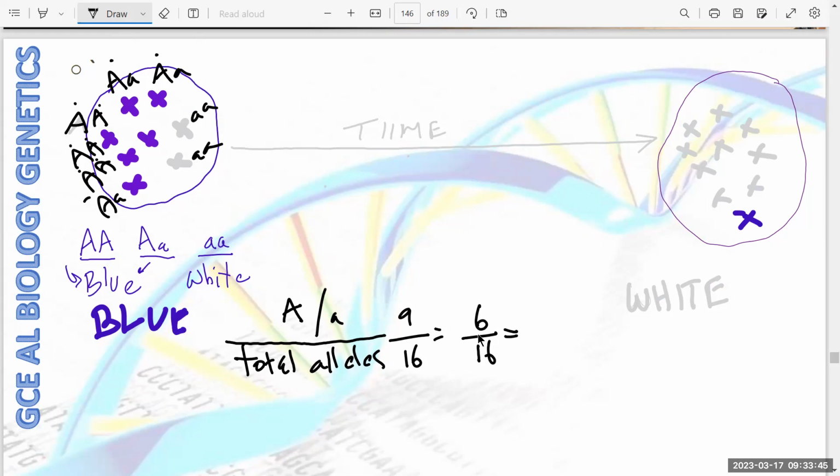So it should be 9 divided by 16, 0.56, and 6 divided by 16, 0.3.